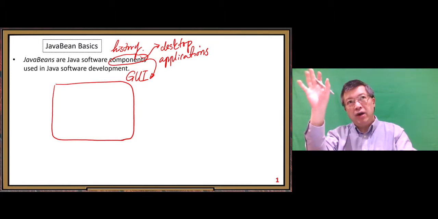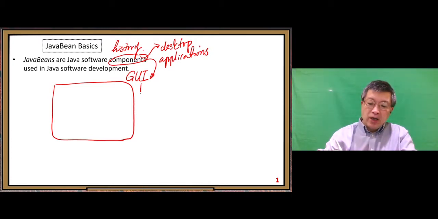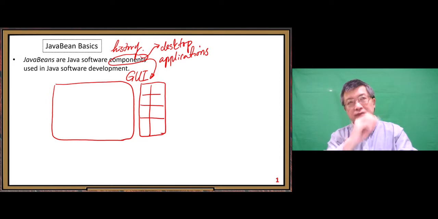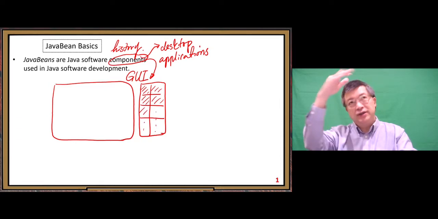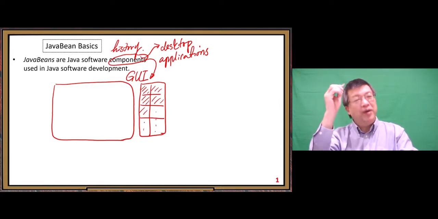So they wanted to learn from Microsoft's successful way, the same thing as Microsoft did. In order to make the GUI development very fast, there are many little icons, right? Toolbox icons, each one for one GUI component, right?